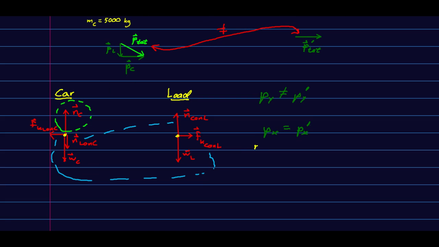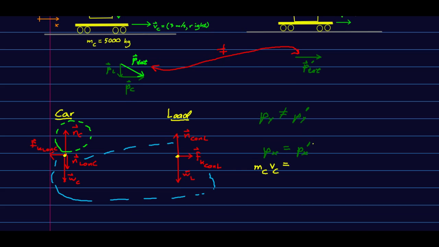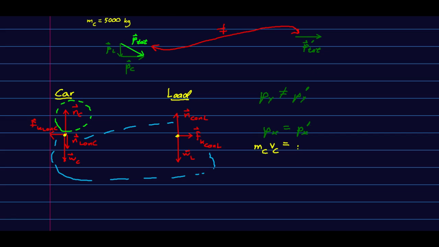And so we can say the initial horizontal momentum is m car v car. Simple as that. And then the final, they're moving together at speed capital V, and so it'll be m car plus m load, right, the total mass, times capital V.